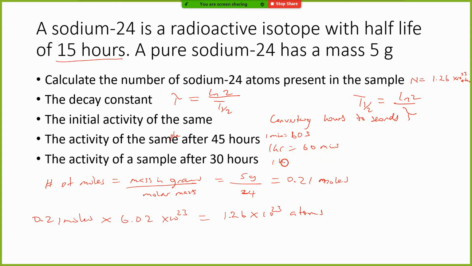So to find 1 hour in terms of seconds, that would be 60 times 60. So in 1 hour, you have 3,600 seconds. If we have this amount in 1 hour, then in 15 hours we multiply that by 15 to find the total amount, which should give us a value of 54,000 seconds. So let's look at it.